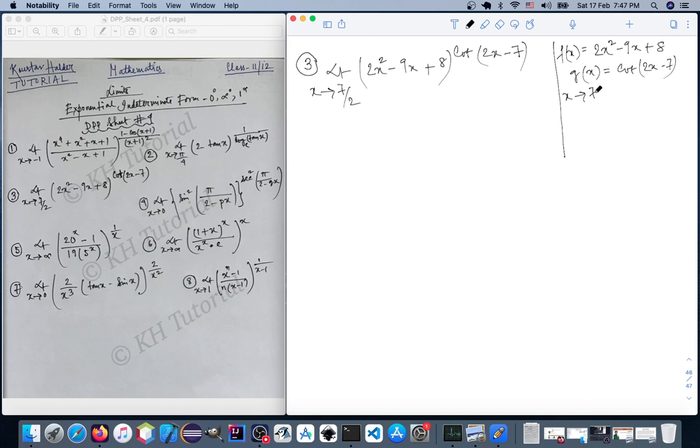When x tends to 7 by 2, f(x) tends to 49 by 4 minus 63 by 2 plus 8, which is (49 minus 63 plus 16) by 4, and this equals 65.